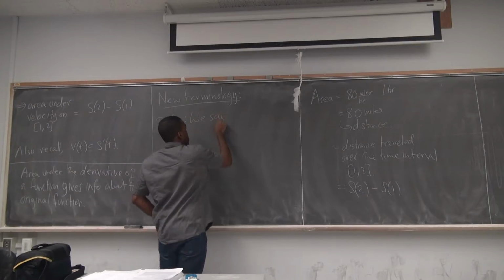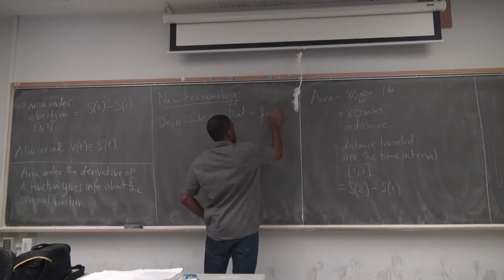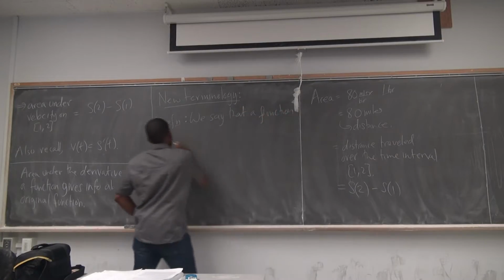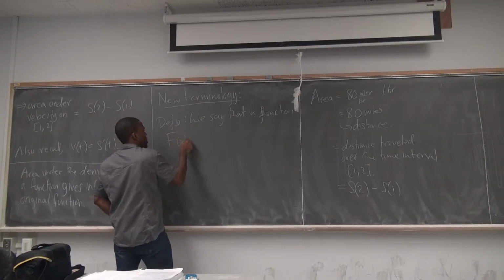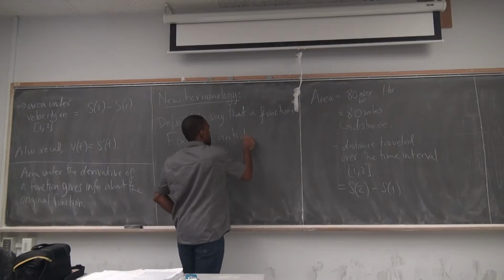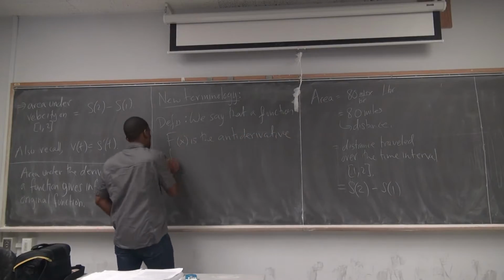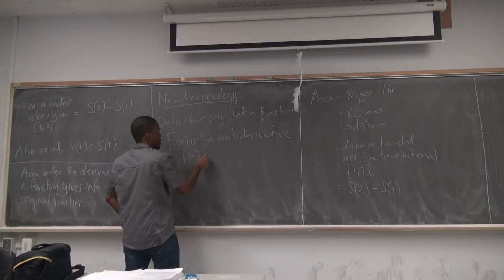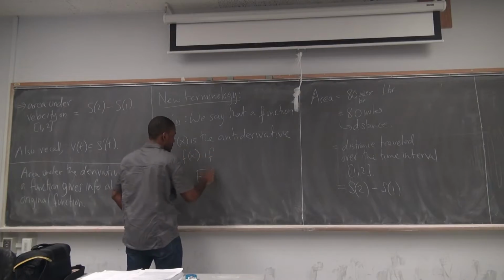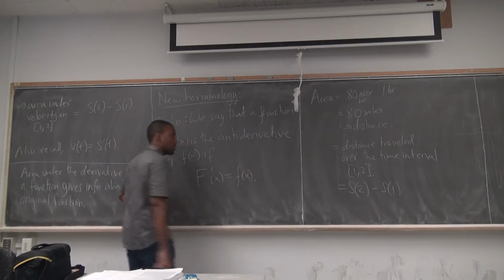We say that a function F is the antiderivative of f of x if I take the derivative of big F and it gives me little f.